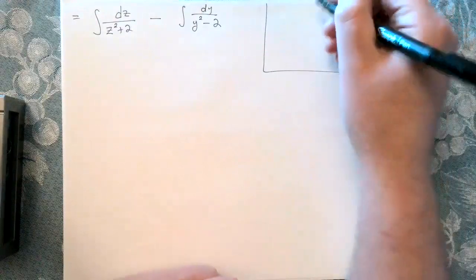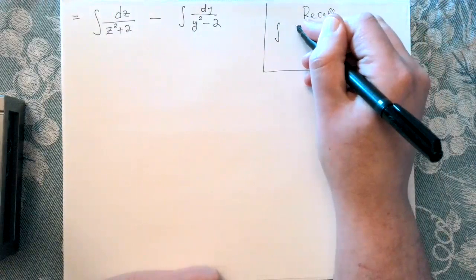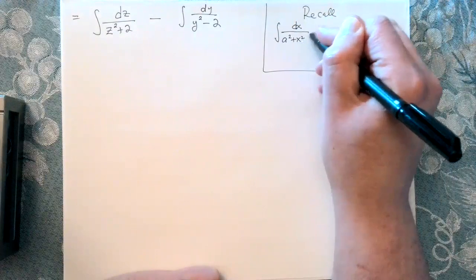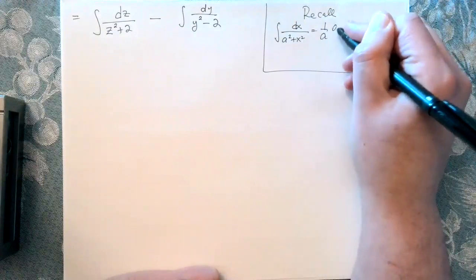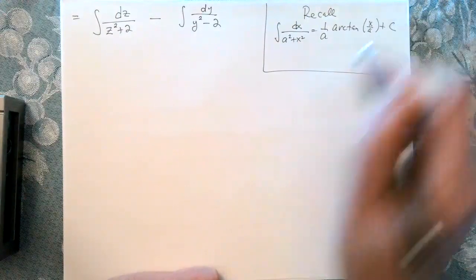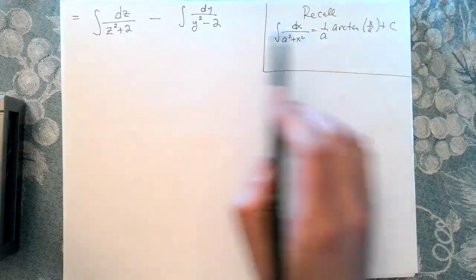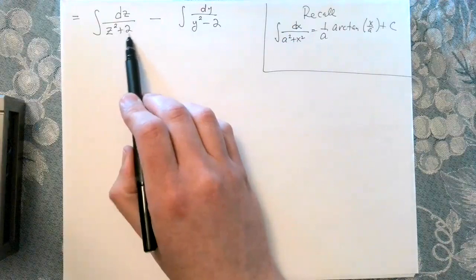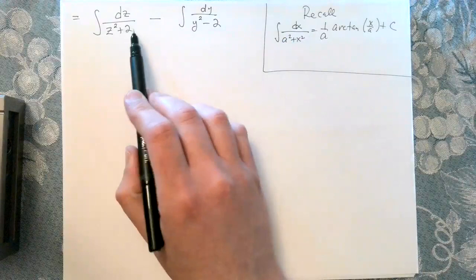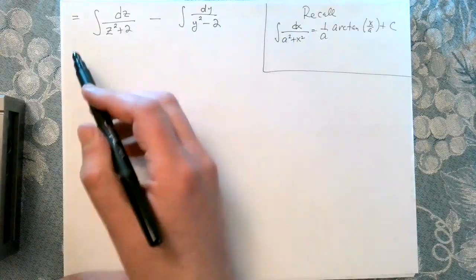Maybe we'll just recall. Okay, so this is playing the role of, again, the order could be switched, of course, right? So this is playing the role of a squared because it's the constant. A goes with the constant. This is playing the role of x squared. So I'm happy about that. This is going to take some partial fraction decomposition. So I'm going to put this on hold.